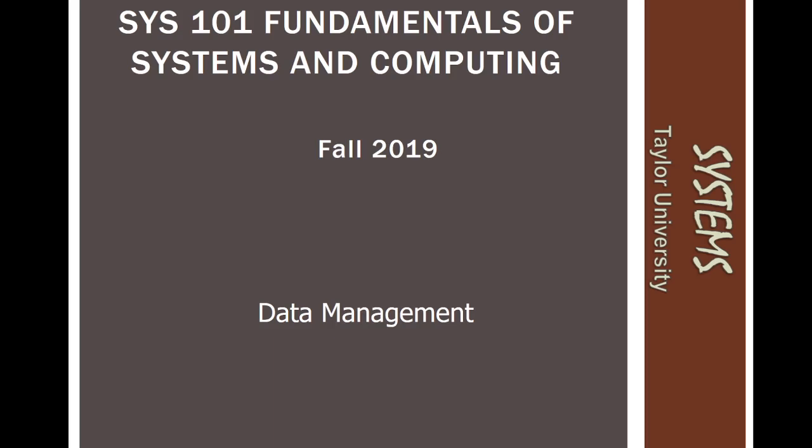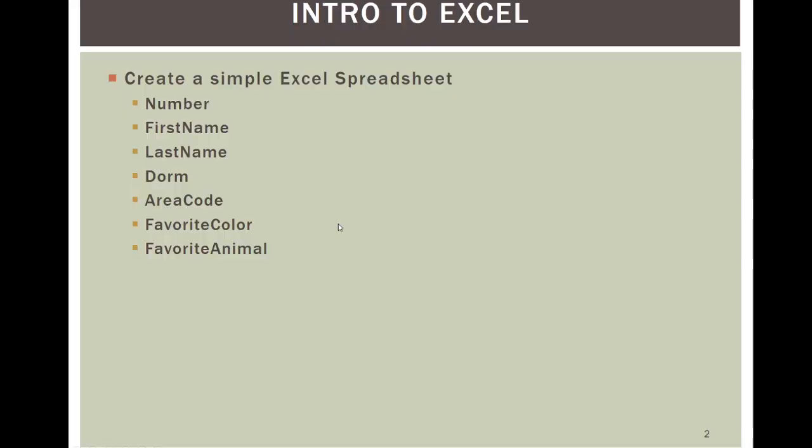All right, so the first thing we're going to talk a little bit about, and I would like to think that we all probably have used Excel before, but that may be an erroneous assumption. So we're going to talk a little bit about Excel first. All Excel is a spreadsheet. And when we think about a relational database, really it's just a set of spreadsheets that have a relationship to each other, within themselves and to each other.